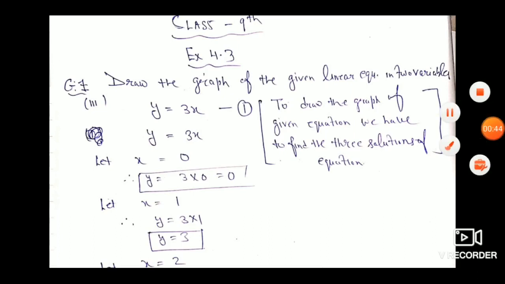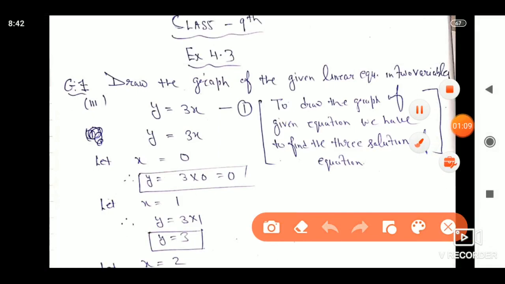First of all we write the given equation in the form of either x is equal to or either y is equal to. So the given equation is already written in the form of y is equal to 3x. Simply substitute the values of the variable which is on your right side. On your right side, the given variable is x.